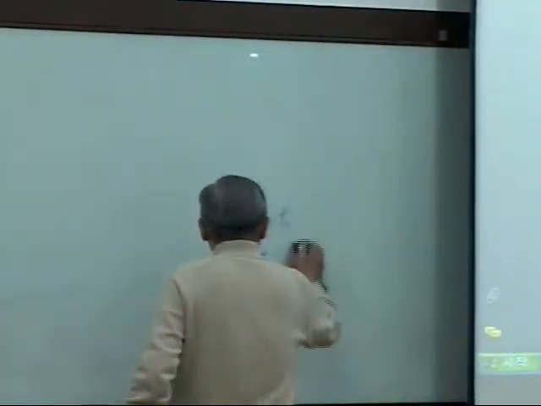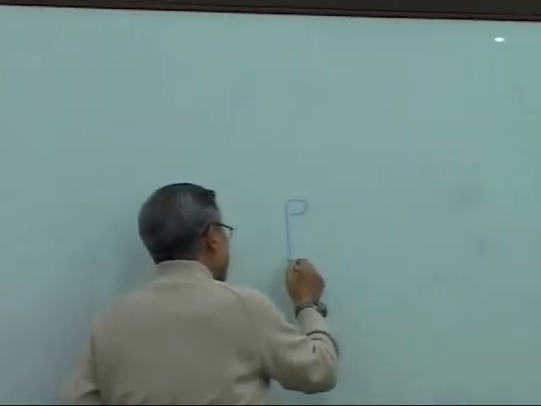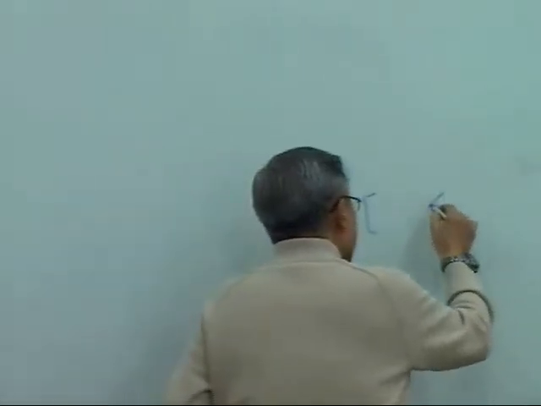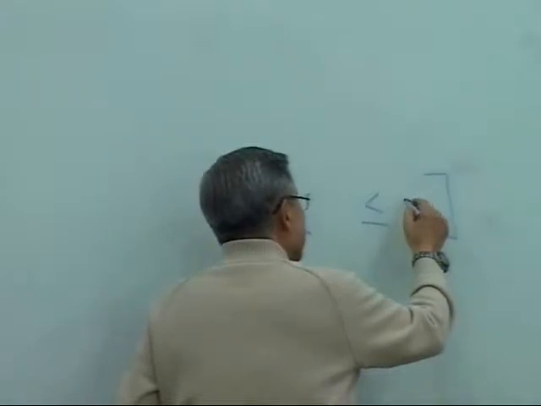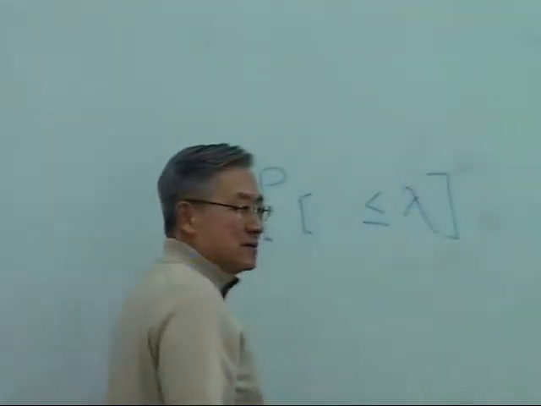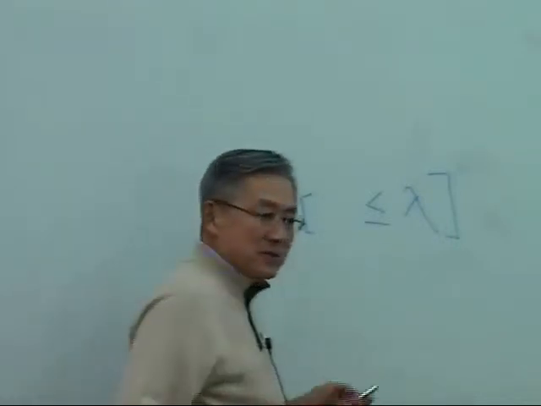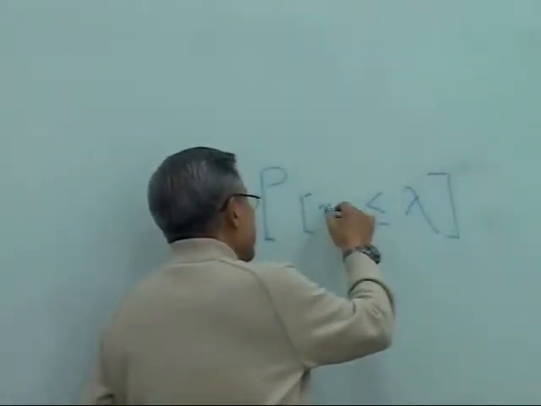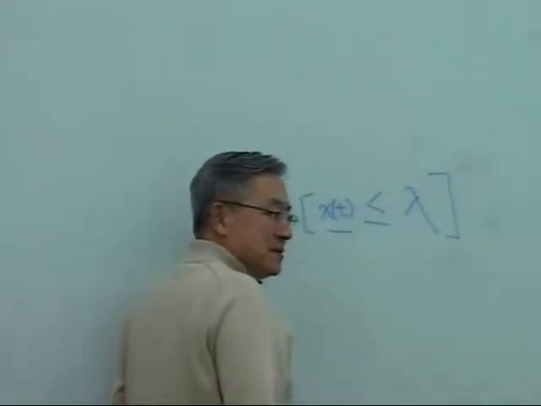when you're dealing with the probability distribution function, the probability distribution function is P. For the P, you are always dealing with this. So it could be a lambda, could be the threshold, okay? Then threshold is the same as chi, right? So here you can have x(t), right?